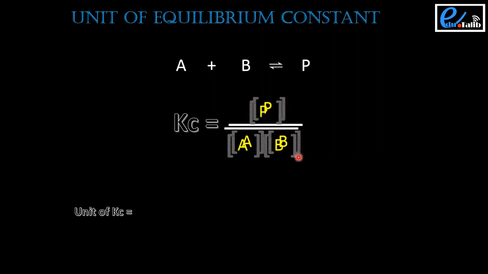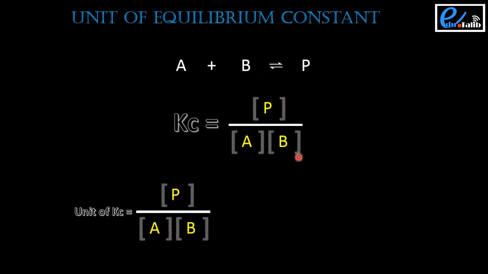So considering the same equation, we are copying it from here. This is the concentration of the product. This is the concentration of reactant A, concentration of reactant B. However, either it is reactant or the product, it is the concentration. This is important for us.